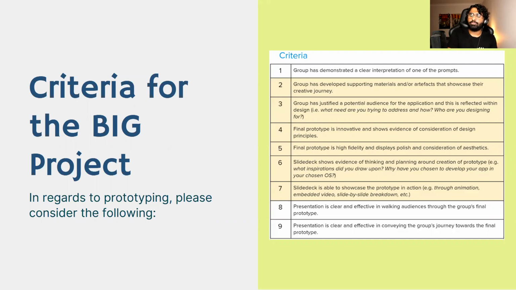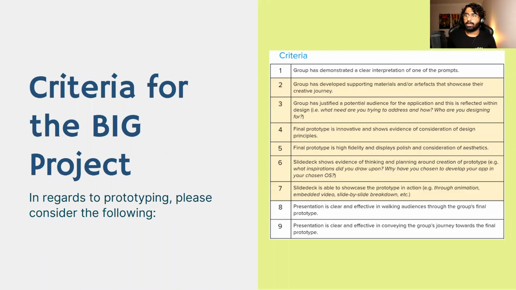In regards to point number 2, which is that the group has developed supporting materials and or artifacts that showcase their creative journey, something that's really important is that those supporting materials include your initial designs, maybe your meeting minutes even, and also map out your processes for selecting ideas. So for example, the 4 categories method or the 6 thinking hats method. So I highly recommend point number 2 for that.